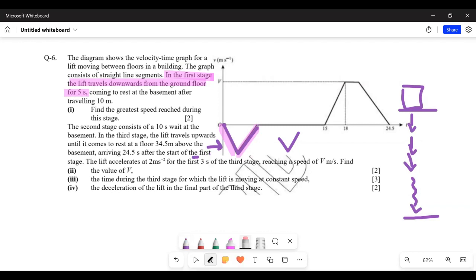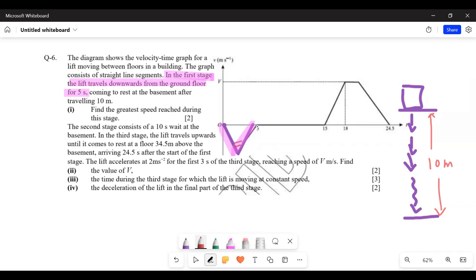Okay. Then what happens is, so this is 5 seconds. Yeah, it says 5 seconds here. Okay. Coming to rest at the basement after traveling 10 meters. So this distance is 10 meters. That means distance is area under the graph, remember?